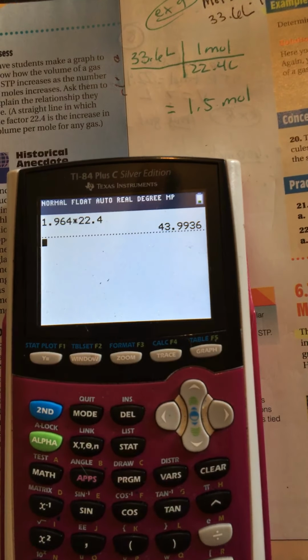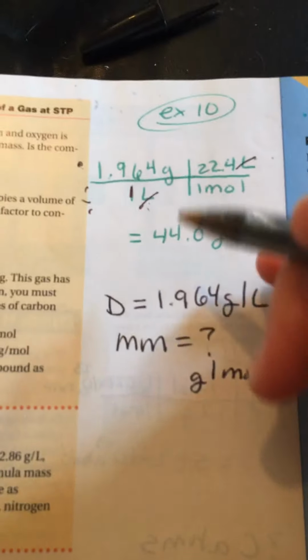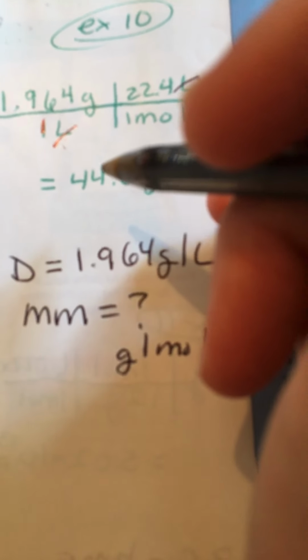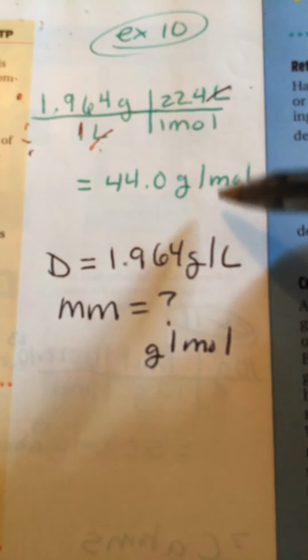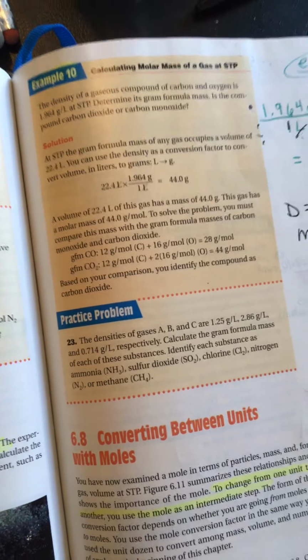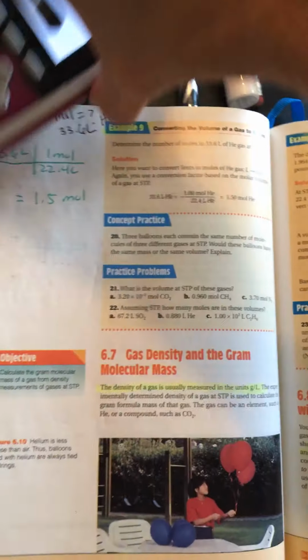And it's 43.99. They're probably going to round that to 45. And yes, they did. 44. I said it wrong. 43.99 to 44. They rounded it to 44 grams per mole because that's what's left. And we go check over here, and there it is. Ta-da! So we got 44 grams in 1 mole.